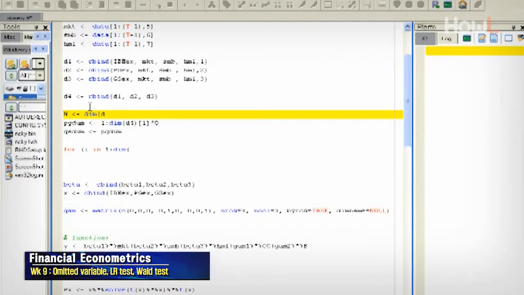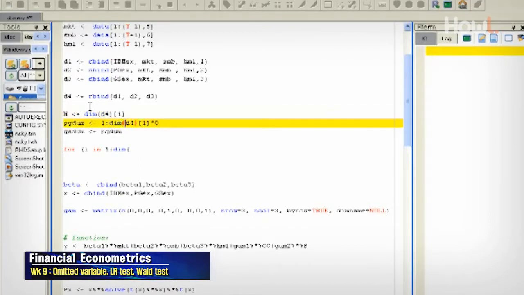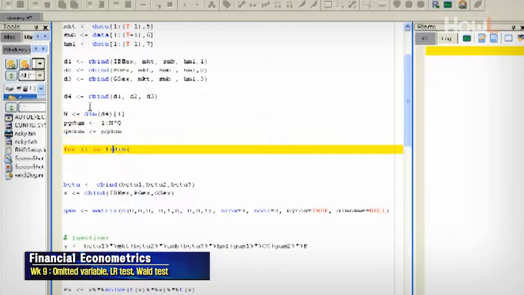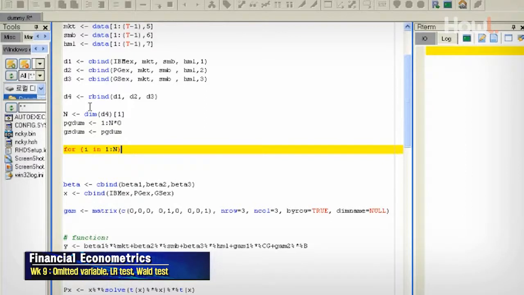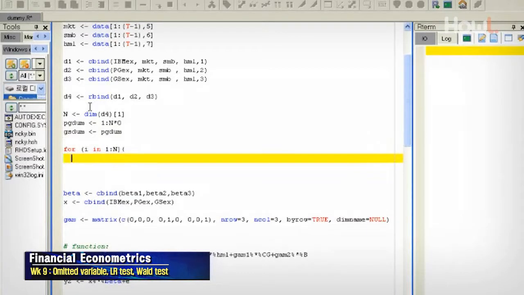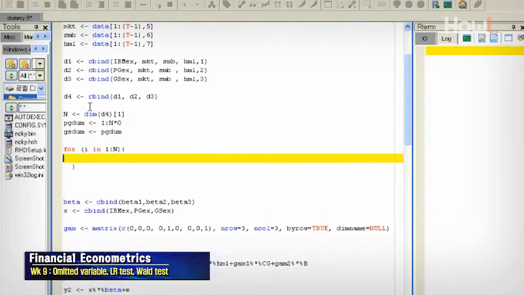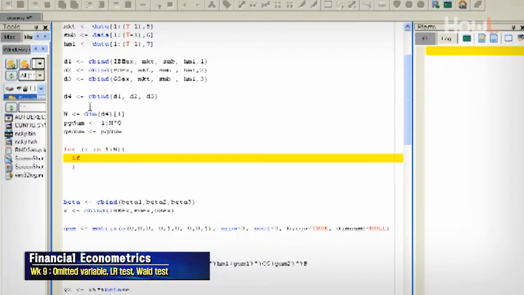So D4, first one, and this is N. If one, two, three, four.